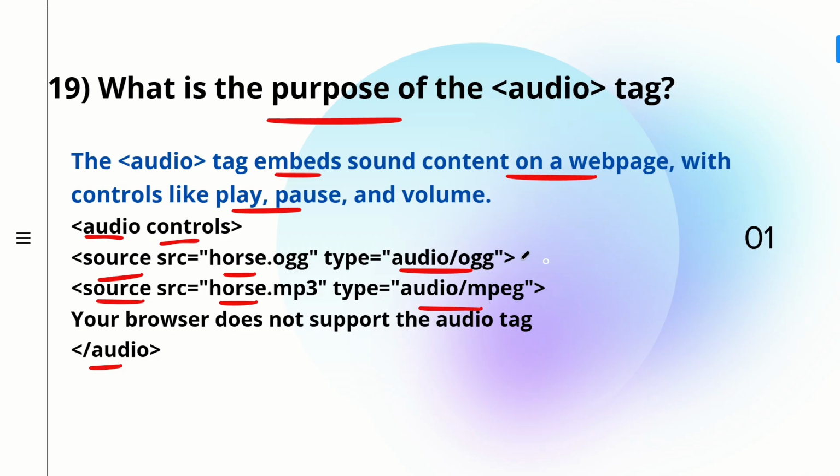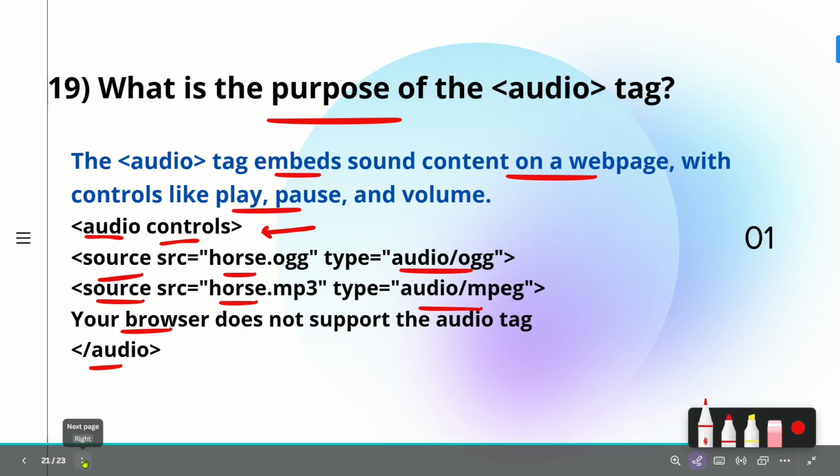This is the syntax, that is what is the extension of your audio file, that it is an audio format and it is in ogg, and here it is in mpeg. And in case your browser does not support the audio tag, then you have just written that your browser does not support the audio tag. So this is how you can make use of the audio tag, and the purpose of the audio tag is obviously to embed the sound content on your web page.